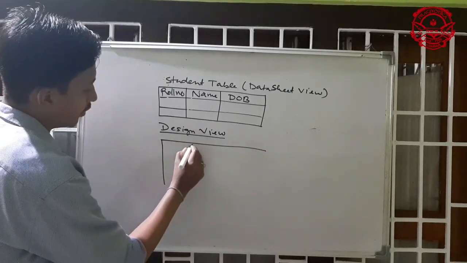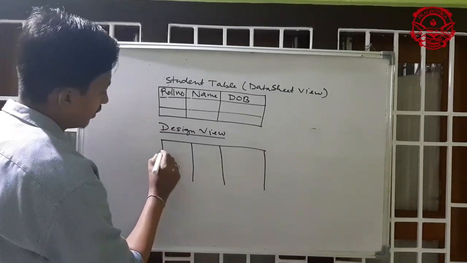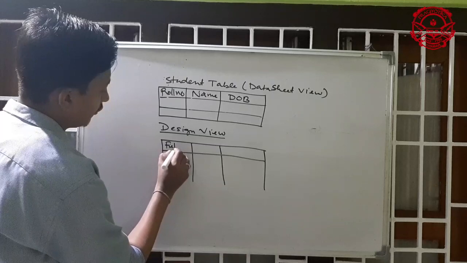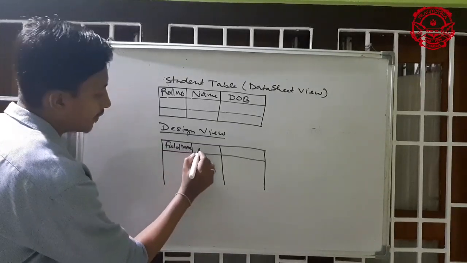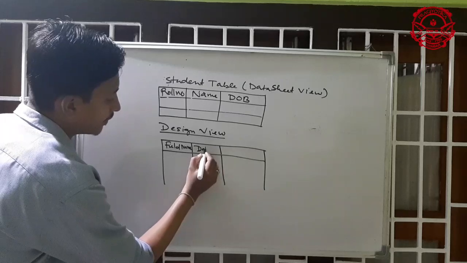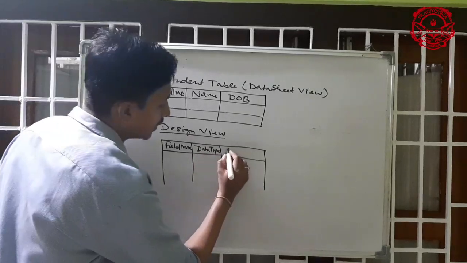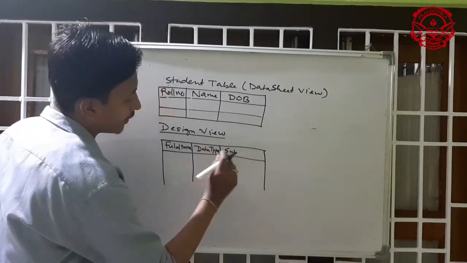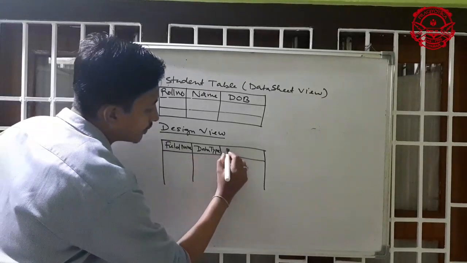In design view, what happened? This is the field name, data type, and the optional part is description.